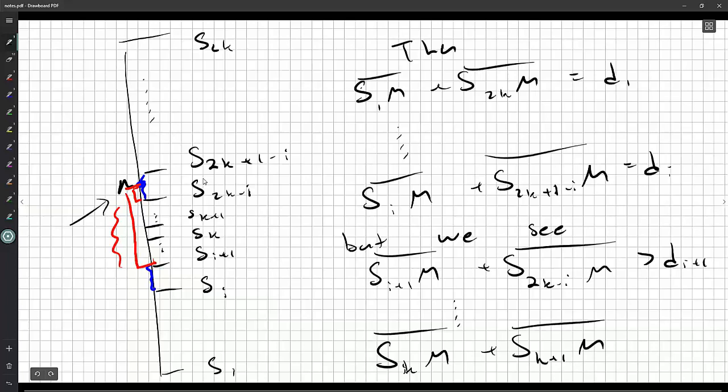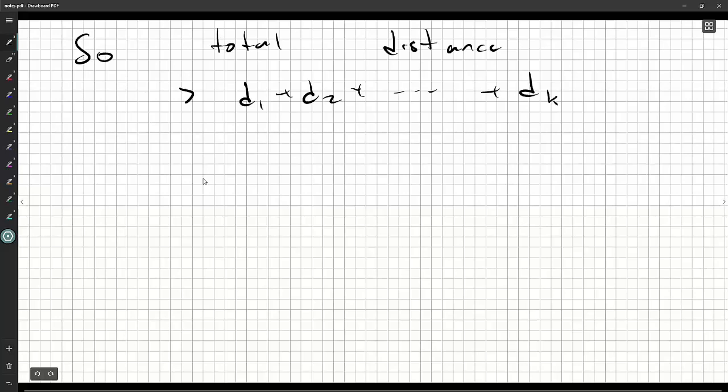Because you'll always be traveling outside your little band, your little segment that these two numbers work on. So then the total distance is seen to be strictly greater than all these values.